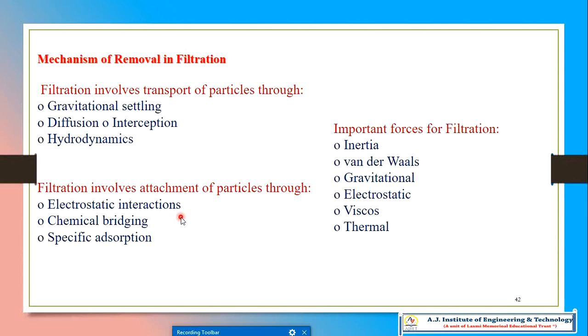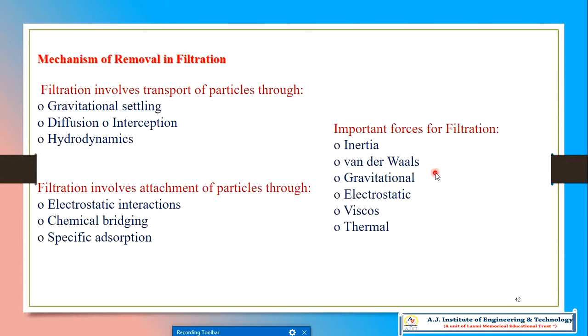There is electrostatic interaction and chemical bridging, and later specific adsorption, and some forces act on that. Inertia forces: everyone knows what inertia forces are. There will be a particle and the media, and the particle which is traveling will experience sudden inertia forces.